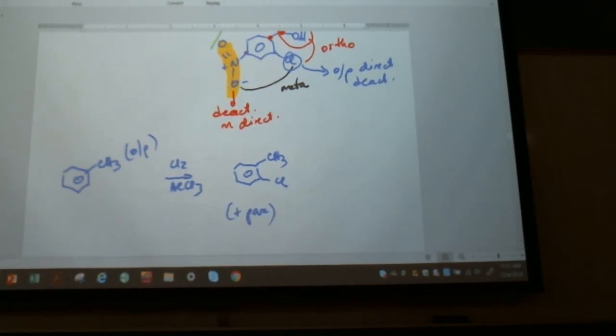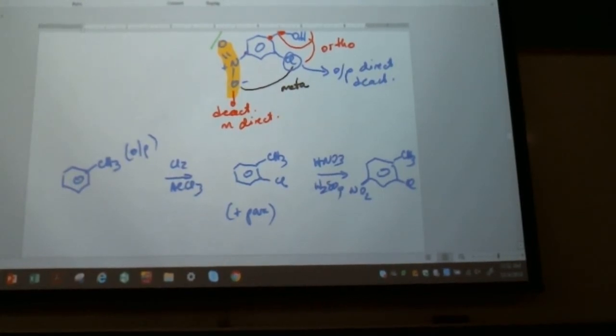And then I need to introduce something here. Now, since this is deactivating and this is activating, it's going to be the methyl group that is going to guide that second group para. So I'm still leaving this as is and just introducing this para by putting some nitric and sulfuric acid.